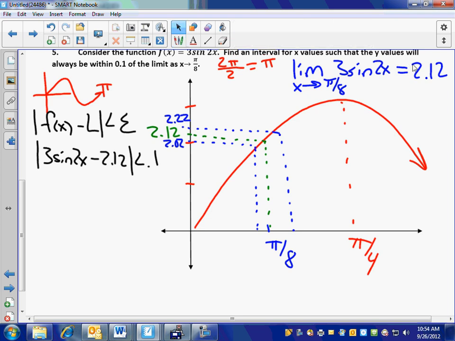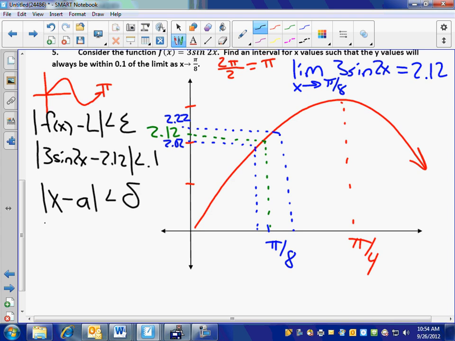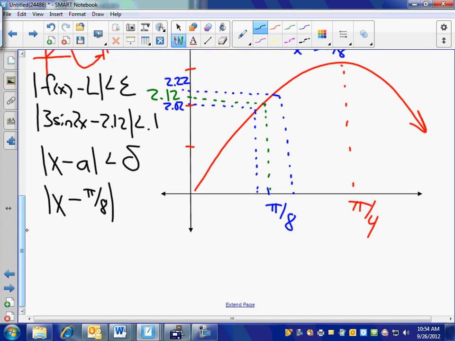So my delta expression is x minus what? A. Absolute value of that has to be less than delta. We're choosing x values minus our a value, which is pi over 8. And we are going to now find our delta, and that will be the interval which we can guarantee those outputs. So we're going to find that.